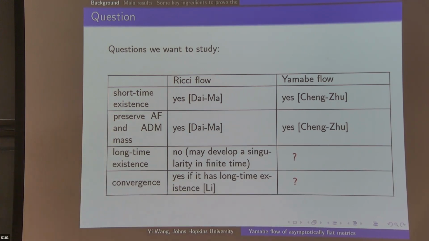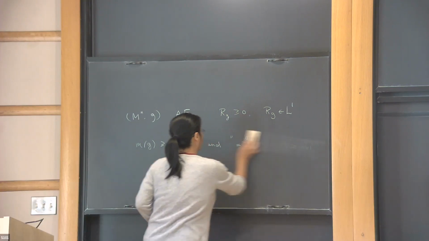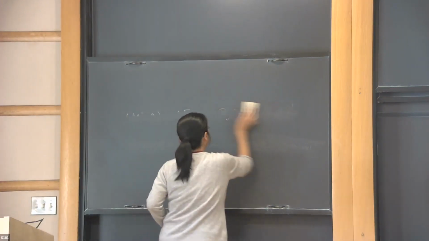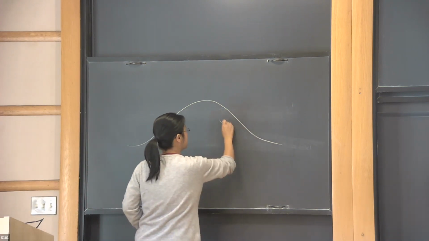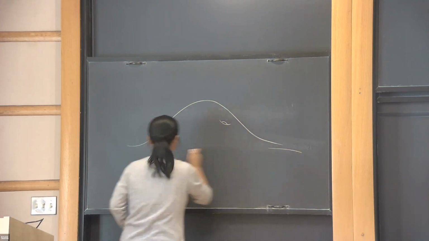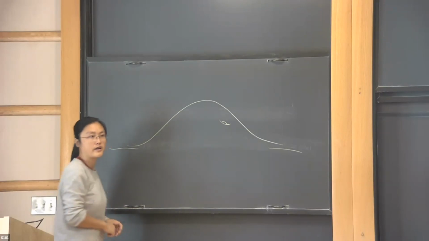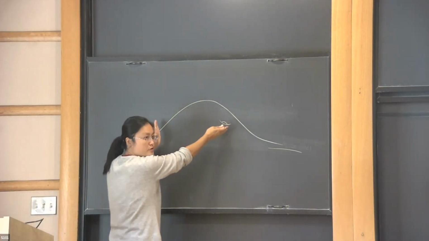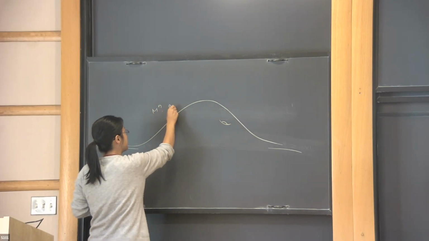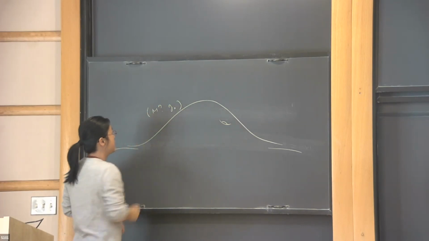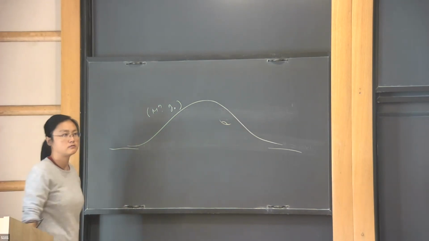So you start with a metric. Asymptotically flat roughly looks like this: at infinity, it's roughly like R^n, but inside it might have topology or something else. This is the asymptotically flat manifold to start with, (M, g_0).